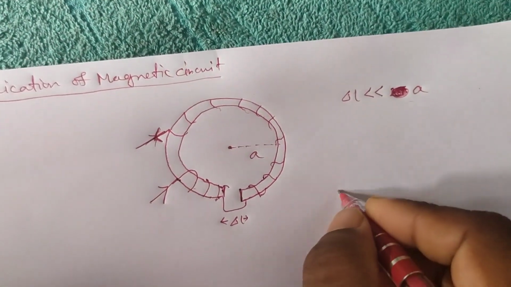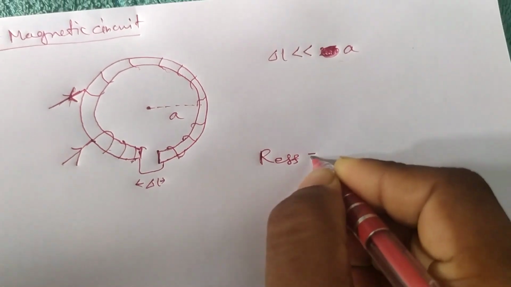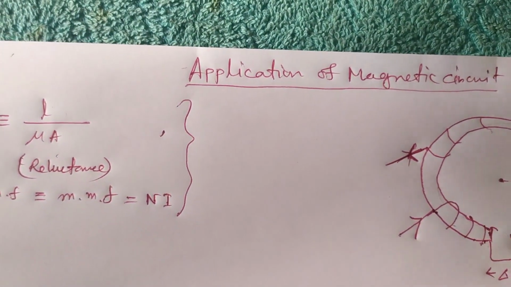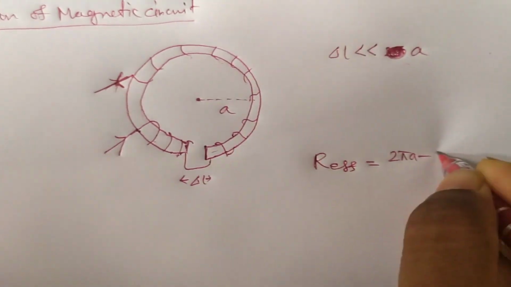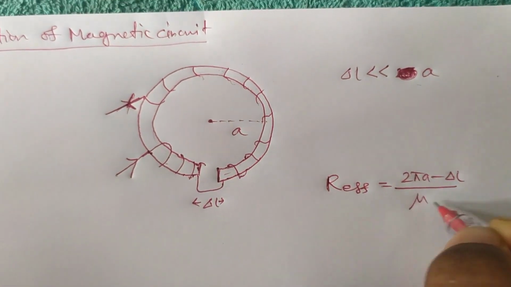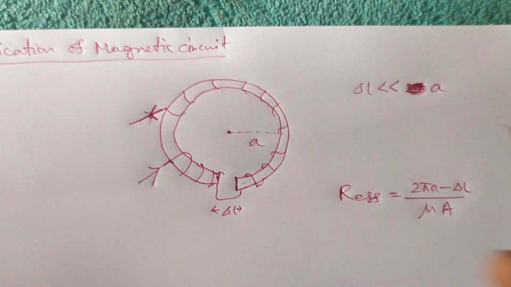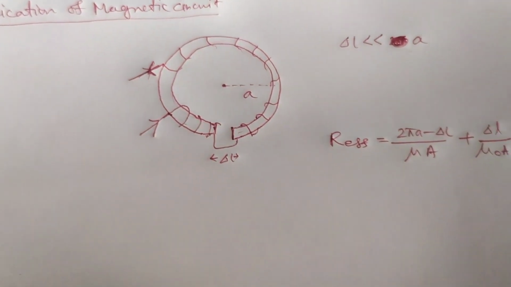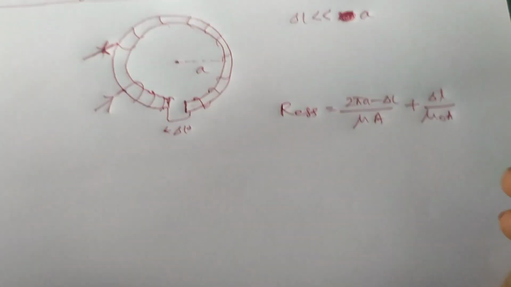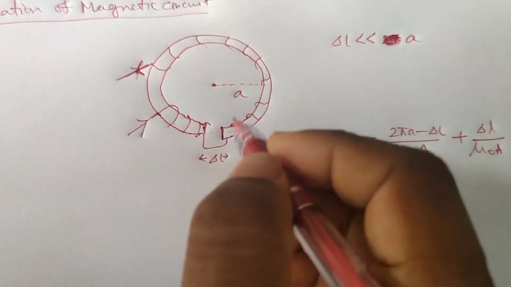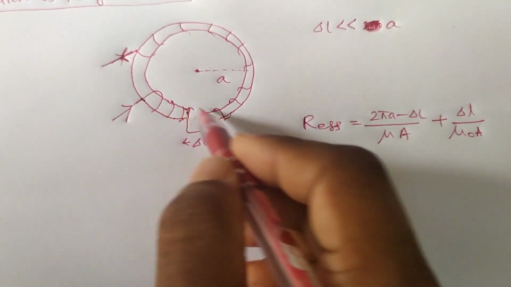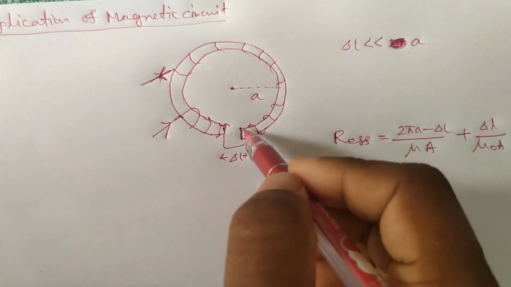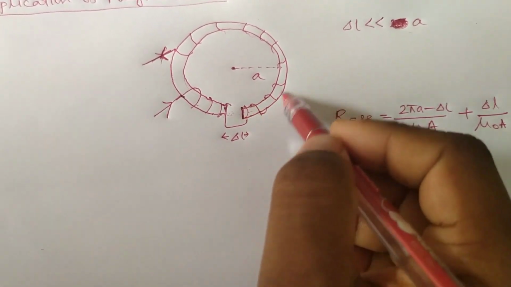So effective R in this problem becomes, according to the definition L by mu A, with effective length 2 pi a minus delta L, by mu a, where mu is the magnetic permeability of the material chosen, plus delta L by mu 0 a, because the magnetic permeability of the air gap is mu 0.